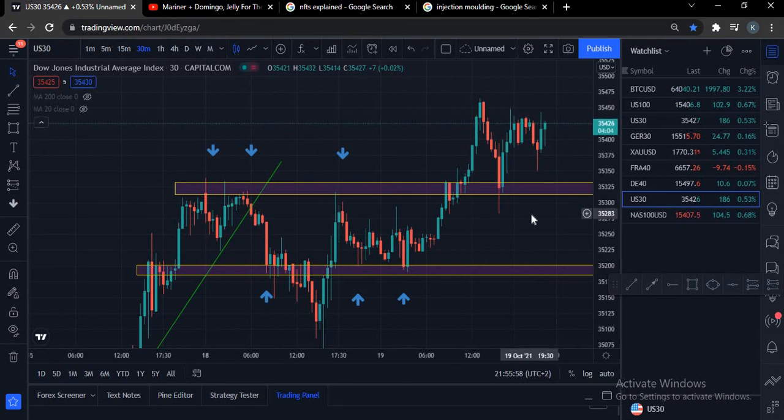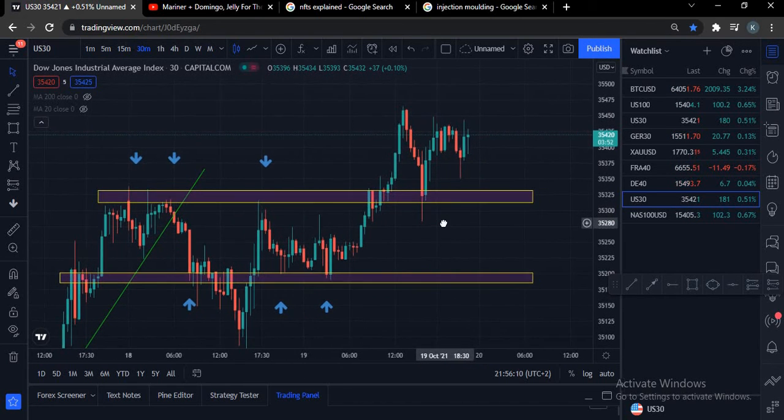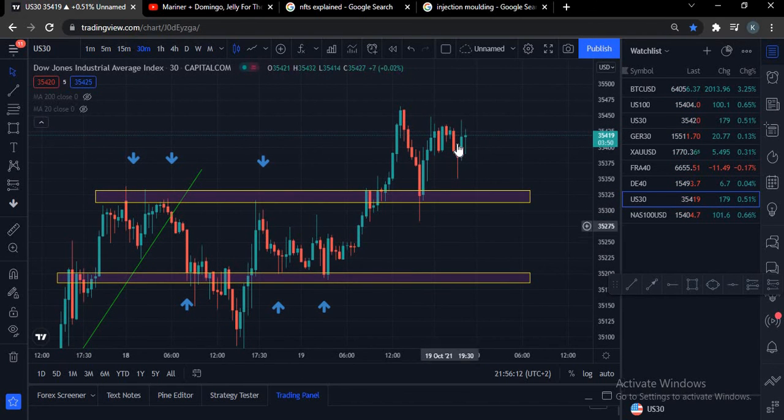So now, that's number 3. Was it number 3 or number 4? Sorry, I lost my train of thought there. Yeah, I think it was number 4. So now you don't know if it's going to break lower or break higher. So now again, over here you use your own intuition.